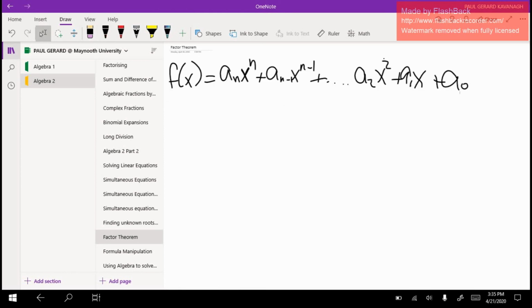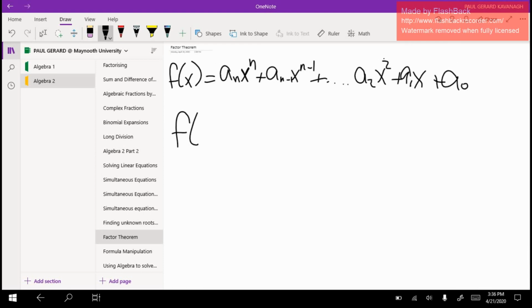And what this is basically trying to solve is what is a root. The factor theorem is when you're using this form and taking an equation and trying to find out, okay, is this number a root in this equation? So I'm going to look at an example.